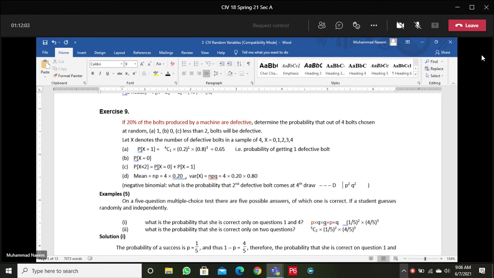How is the coefficient? Except the last one, all previous three outcomes have one defective. So 3C1 is the combination. Total possible combinations. So this will be the answer.